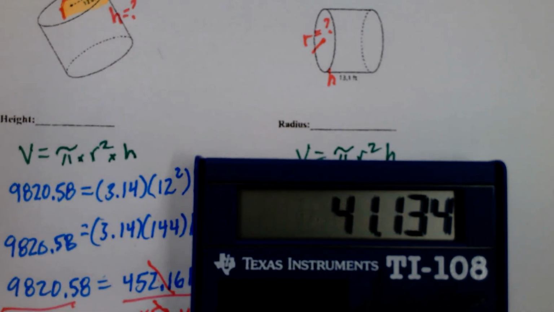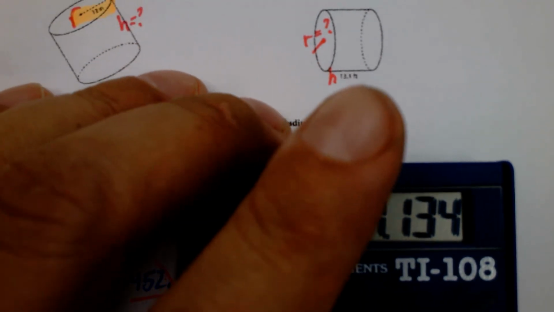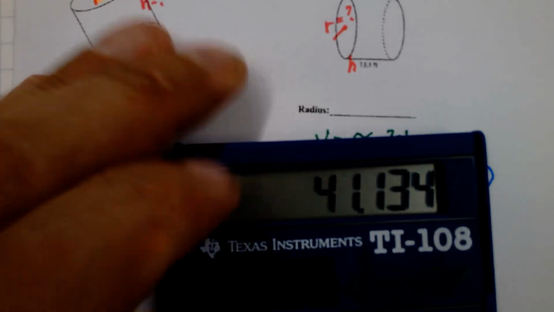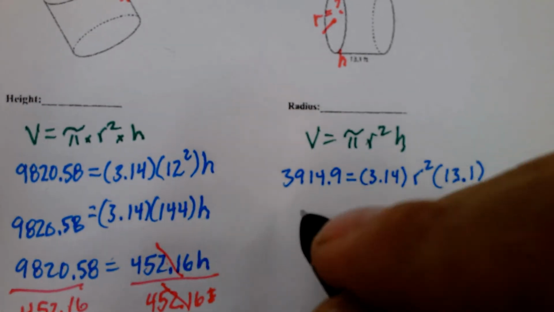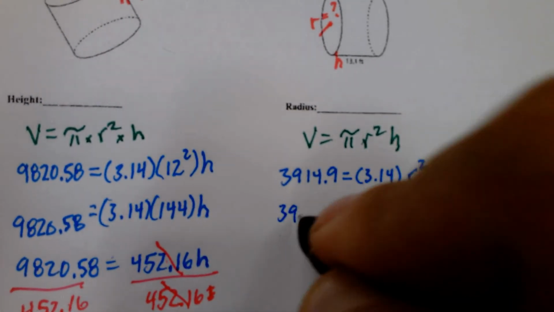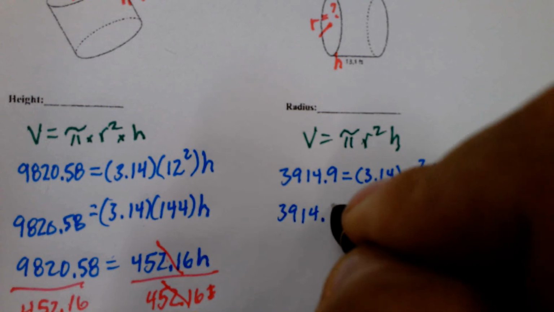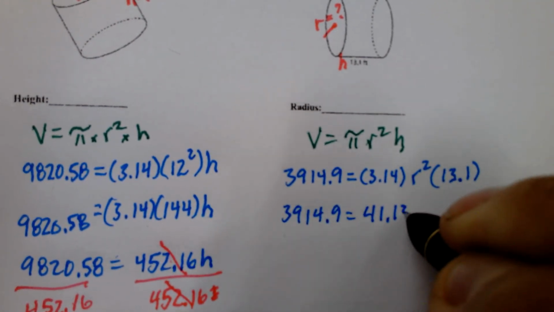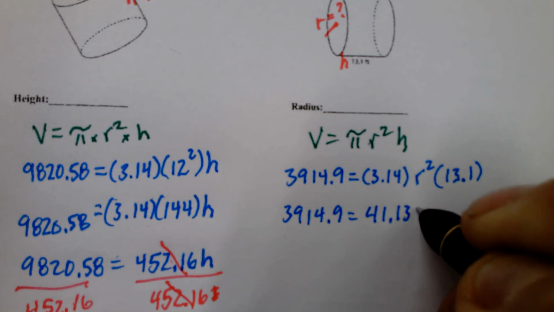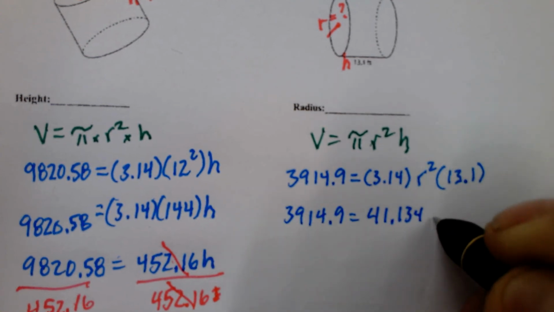I get 41.134. Write out the whole answer; we'll do rounding at the end. So 41.134 times r squared.